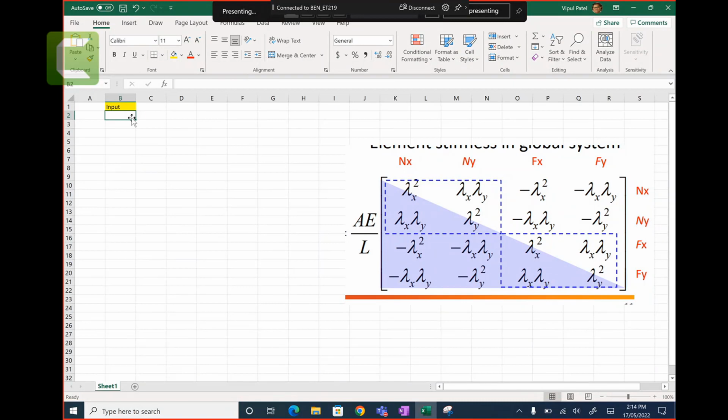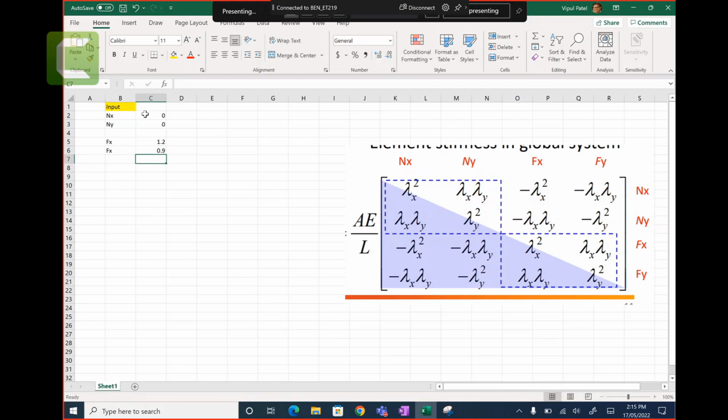Near node X, near node Y, far node X, and far node Y. You know how to get this one, right? This one 0, this one 0. Far node X is 1.2 and far node Y is 0.9. You know how to get this, right?